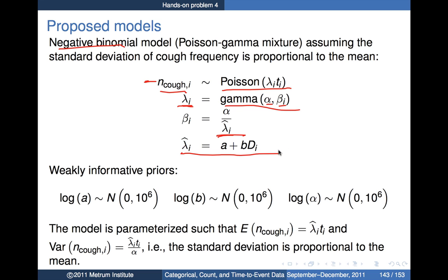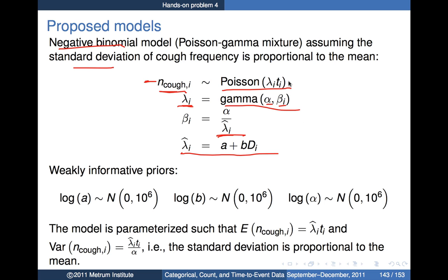So that's what lambda I hat is intended to represent as our mean, which we'll describe then as a linear function of dose. Now when I do this, this sets it up in such a way that the standard deviation is proportional to the mean. So if you go through and calculate the standard deviation for this entire quantity, that's the way it'll work out: the standard deviation will be proportional to our lambda I hat.